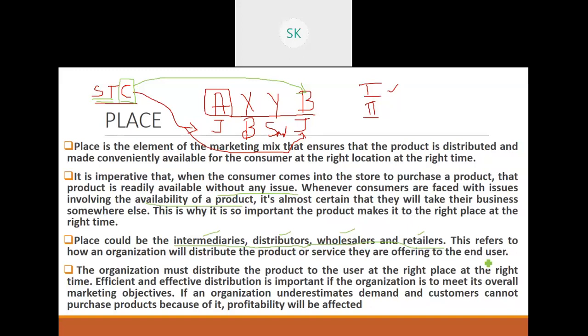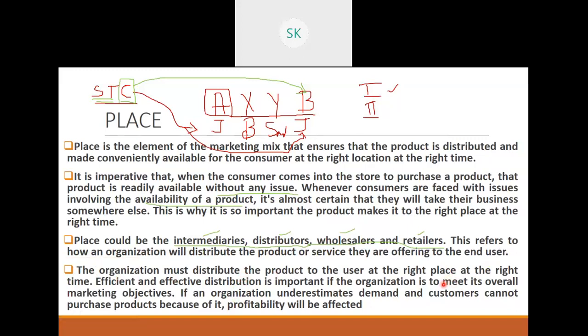So here the organization, or the website, should make sure that they distribute the product properly to the correct customer. Then the organization must distribute the product to the user at the right place and at the right time. Now, if you order something on Amazon, they say they are going to deliver your product after 5 days.